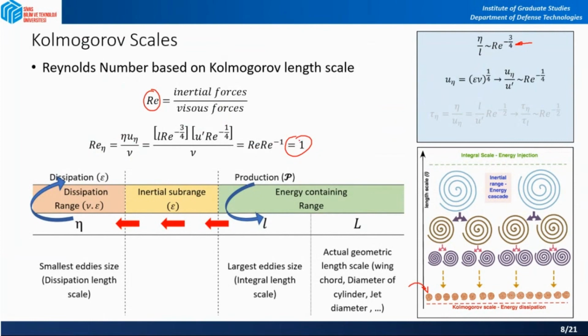We can conclude that in general, in these scales where we have the smallest eddies, the flow field is very stable, meaning that these small eddies, the Kolmogorov scales here, could be subjected to some disturbances, obviously, but all those disturbances will get damped out very quickly.